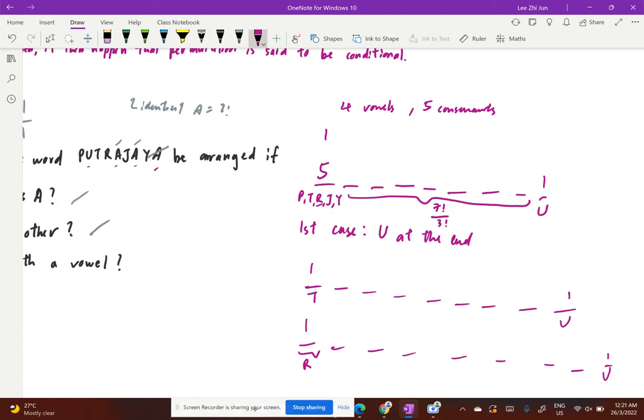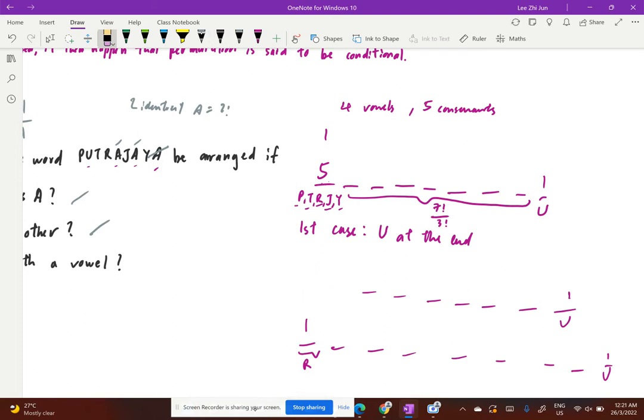So this is 1 times 7 factorial divided by 3 factorial times 1, plus 1 times 7 factorial divided by 3 factorial times 1, plus and so on. Because it's long, you can just conclude by combining all these consonants, since they can be at the first position, so you just conclude it as 5.